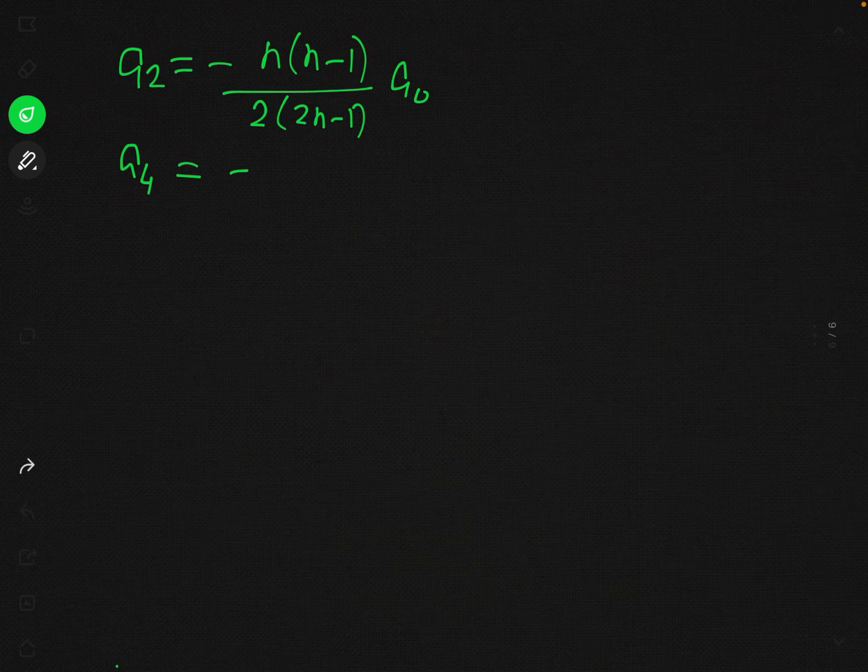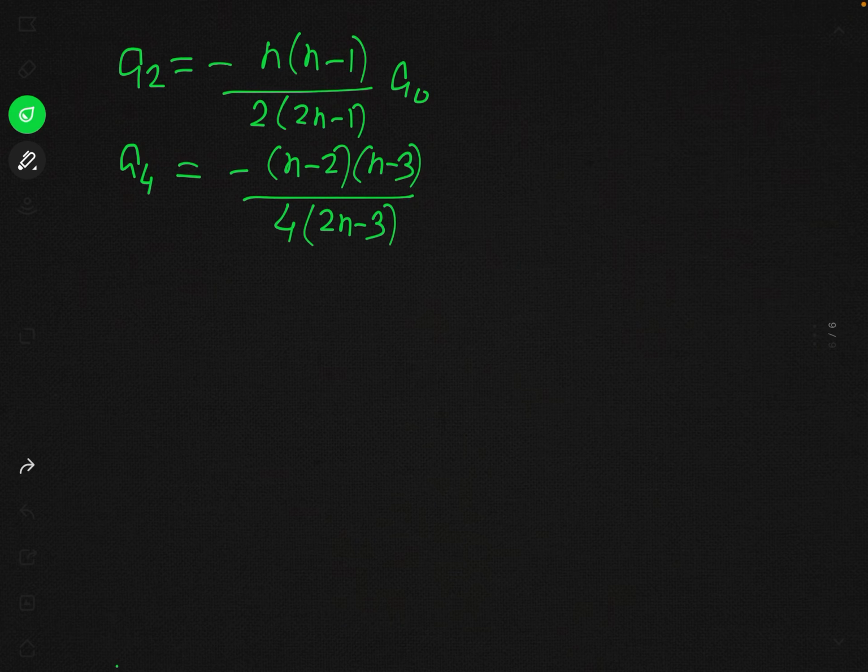So you can see I am writing these values. So a4 will be equal to minus n minus 2 into n minus 3 divided by 4 into 2n minus 3 into a2.